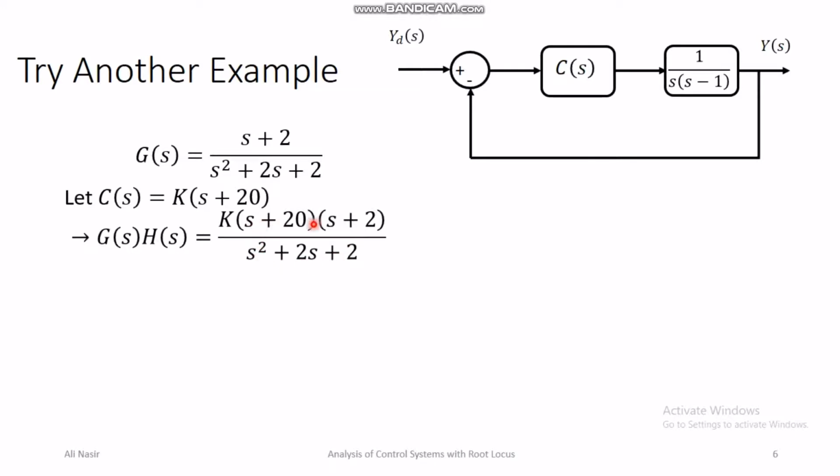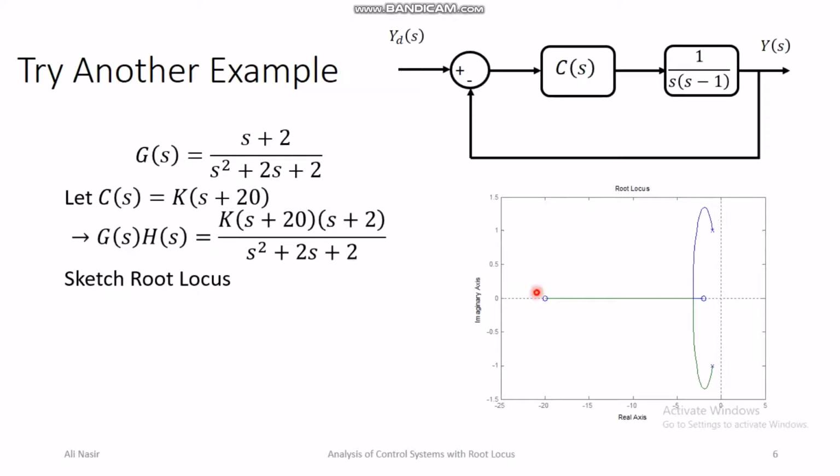Here we have 1 0 due to the system, the other 0 due to the controller, and 2 poles due to the system. And then we sketch the root locus, and to our surprise, the root locus does not move anywhere to the left. The break-in point is still around -3, or maybe it is close to -3.